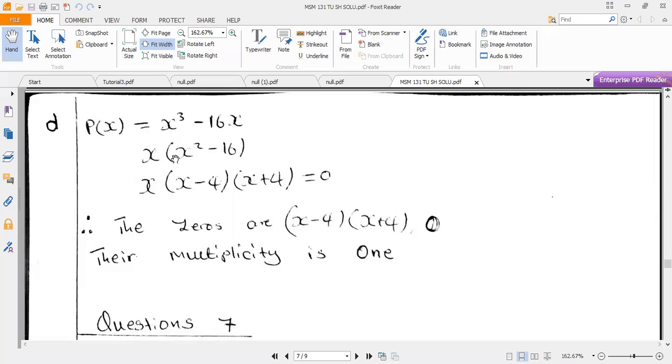You can note that this is the same as x squared minus 4 squared. Let me just write it here, I know others will be confused. So you have x squared minus 4 squared.